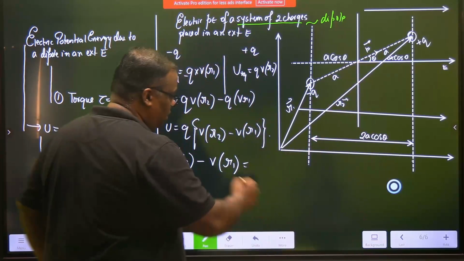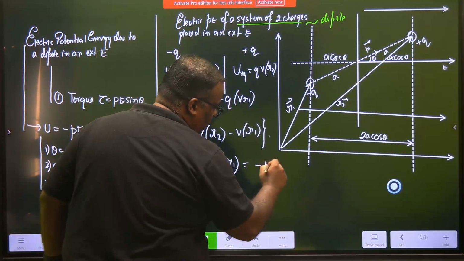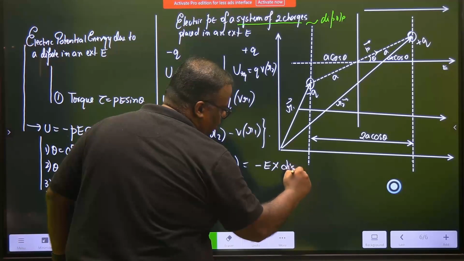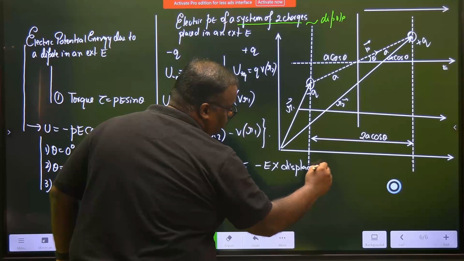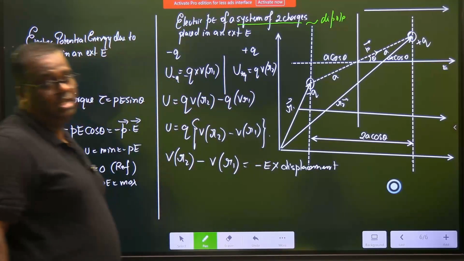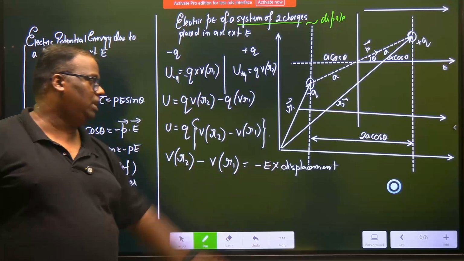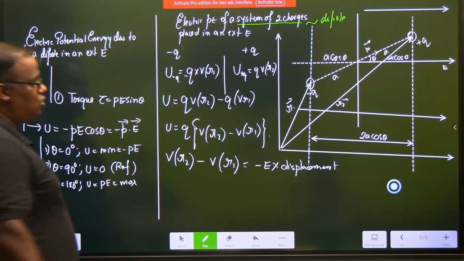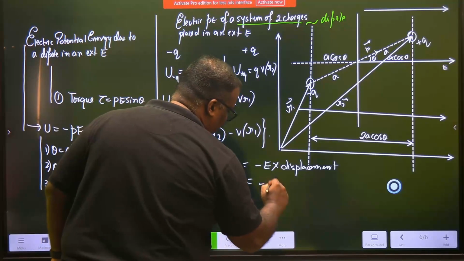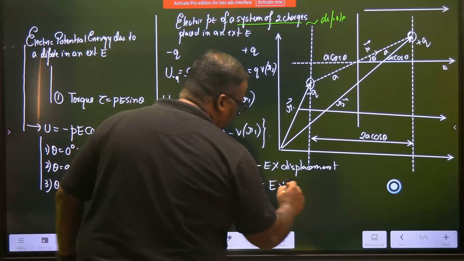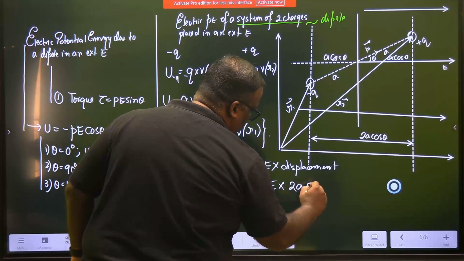What is the potential difference between two points? It is always the negative of the electric field into the displacement between them. That comes from the formula E equals minus V by L. So it is negative E times the displacement between them, and the displacement is 2A cos theta.